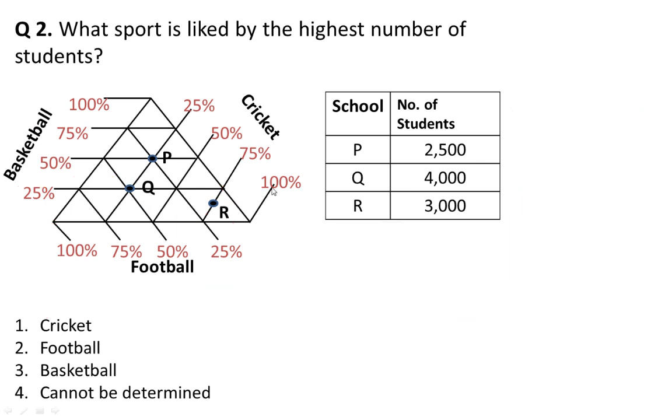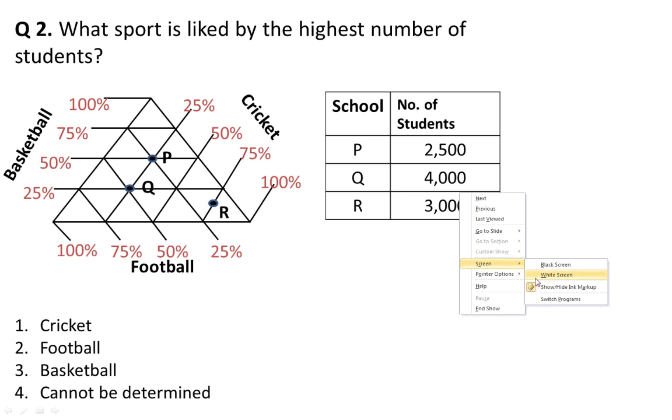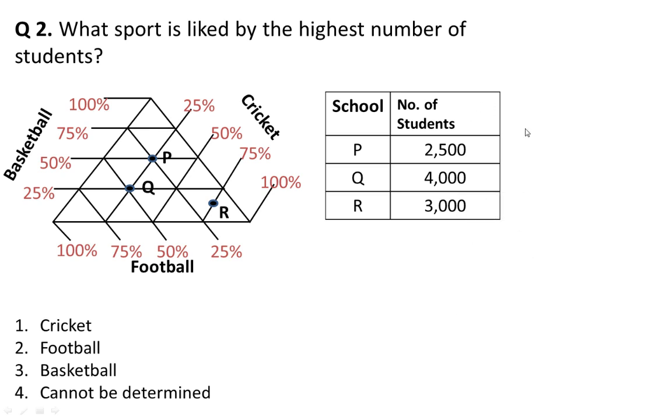Okay, the same question now. Here, instead of real values, I will take the percentages. So this is cricket, football and basketball, and the percentage for P, Q and R. Cricket is 25%, 25% and 75%. How about football?